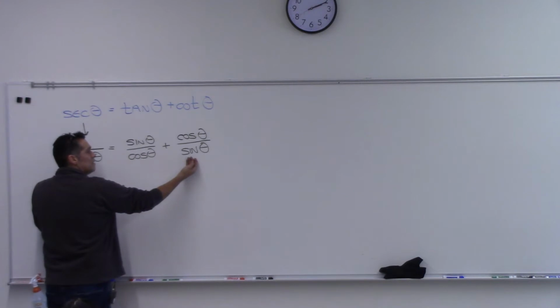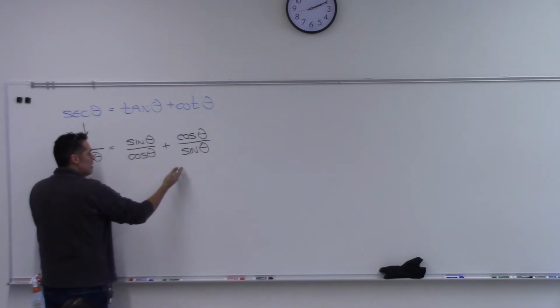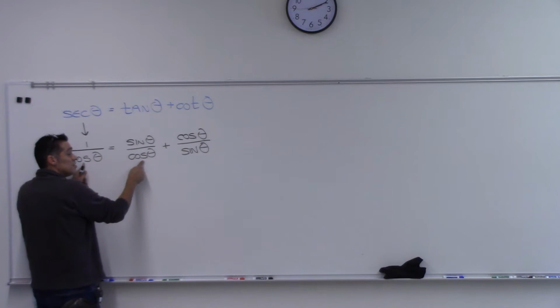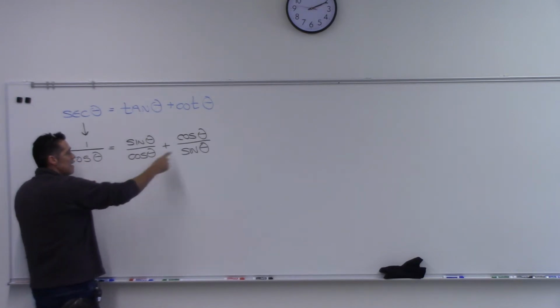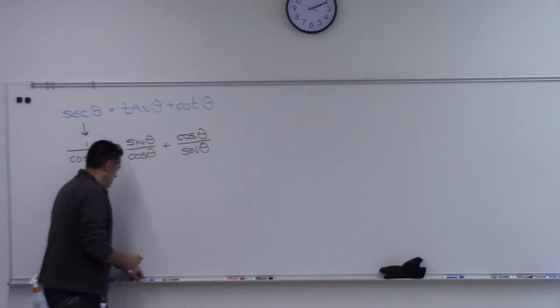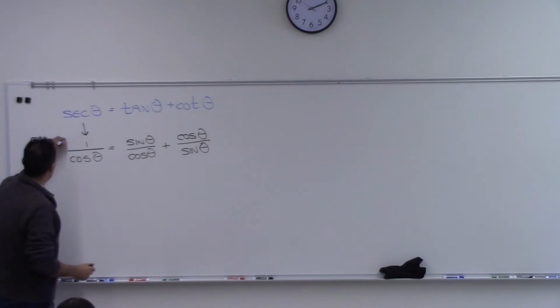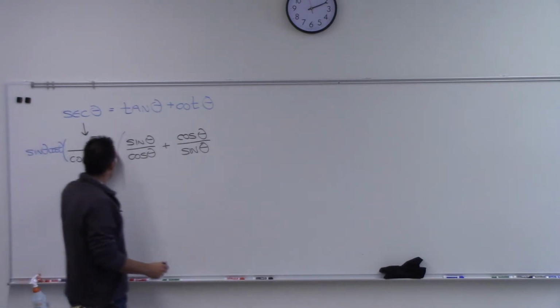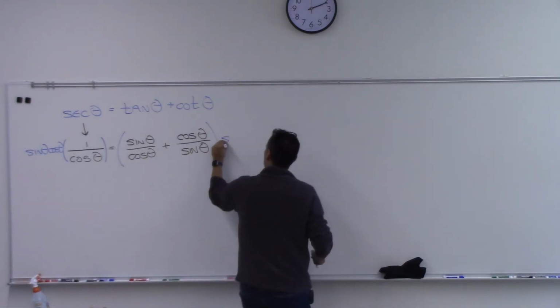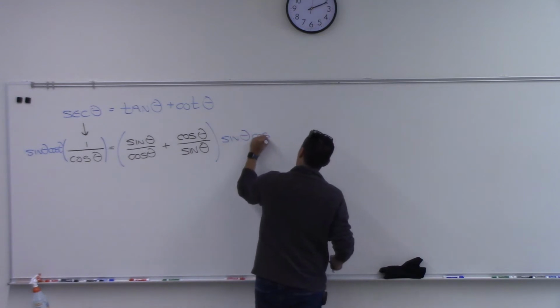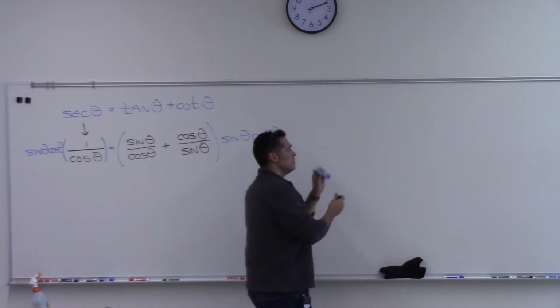And you need to multiply by something that contains everything you see down here. So this has a cosine, that has a cosine, so I'll need at least one cosine. That has a sine, so I'll need at least a sine. So I'm going to multiply the left side of this equation by sine theta, cosine theta. And then on the right-hand side of the equation, I'm going to multiply by sine theta, cosine theta. I'm clearing fractions.